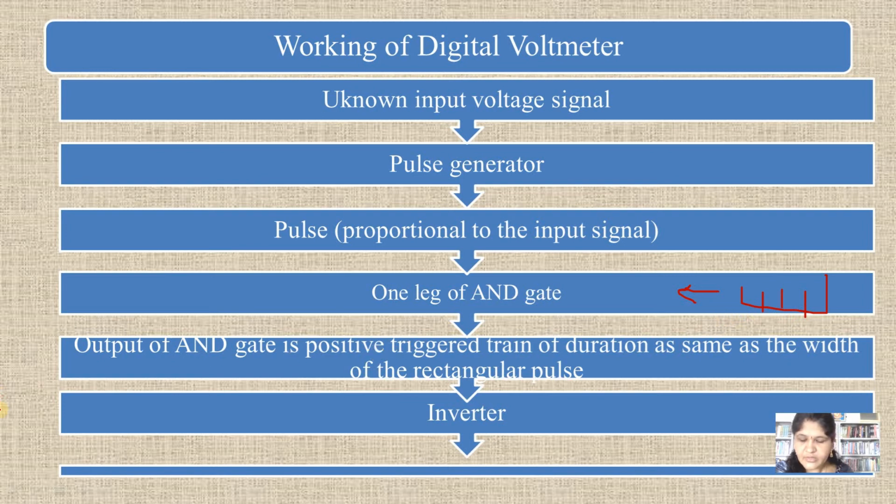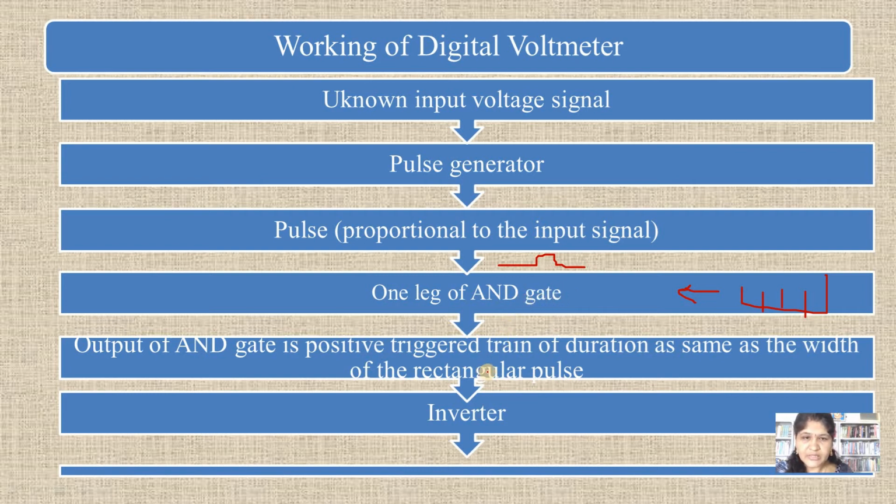So the AND gate is taking two inputs. One is the rectangular pulse which is coming from the pulse generator, and it is combined with the train of pulses. So this train of pulses is modified according to the width of this rectangular pulse.